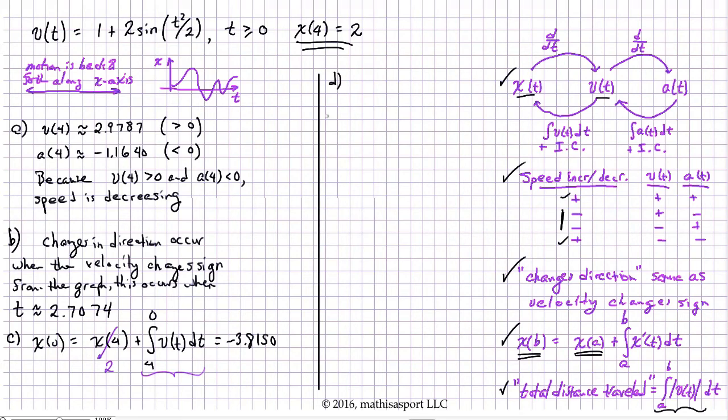So it is just as easy as writing that total distance traveled equals the integral from, in this case, t equals 0 to t equals 3 of the absolute value with respect to time of v of t.